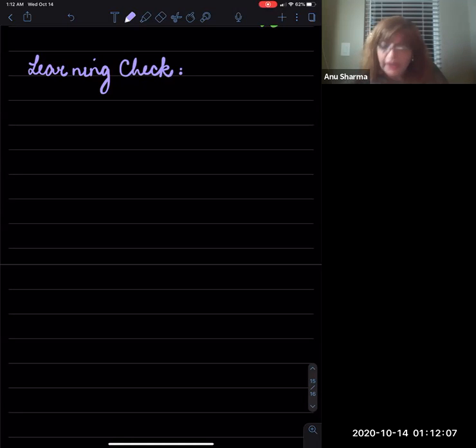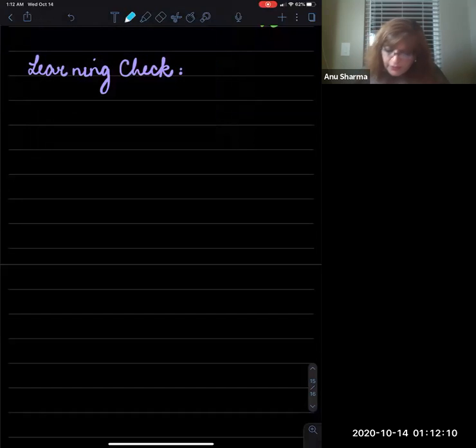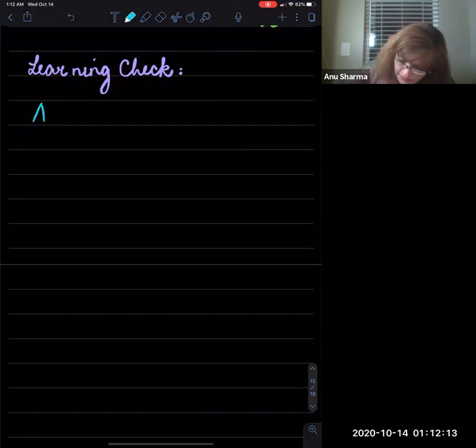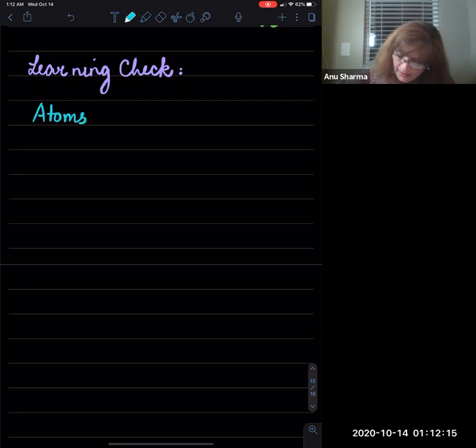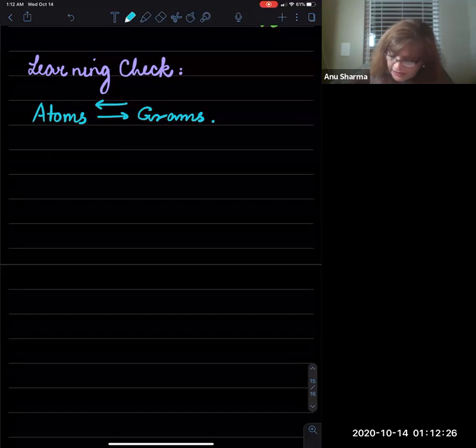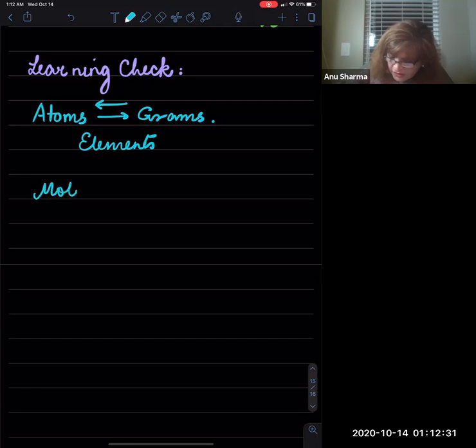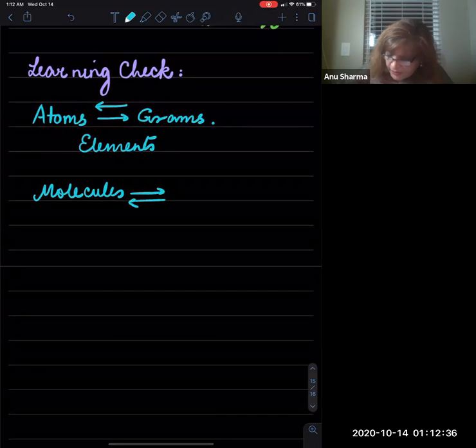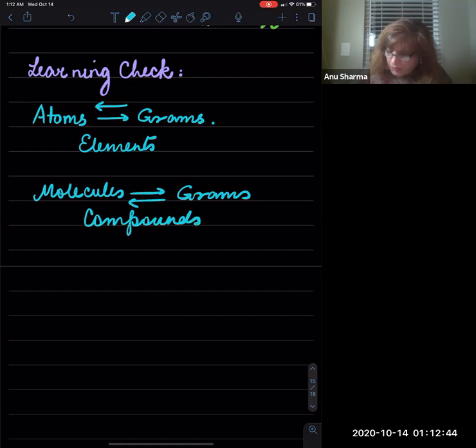In that learning check, we are going to see that we are given the number of atoms, and you can convert it to grams, or if you're given the grams, you can calculate how many atoms there are as far as elements are concerned. And the same thing, you can find the molecules if you are given the grams. And if you're given the grams for the compounds, you can find how many molecules there are.